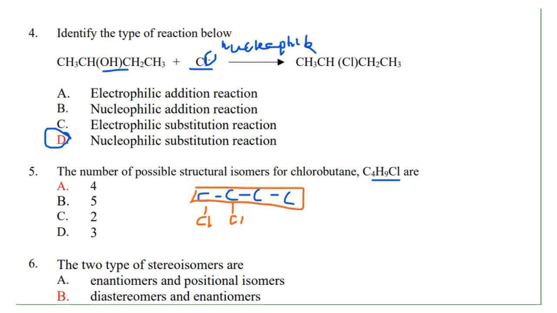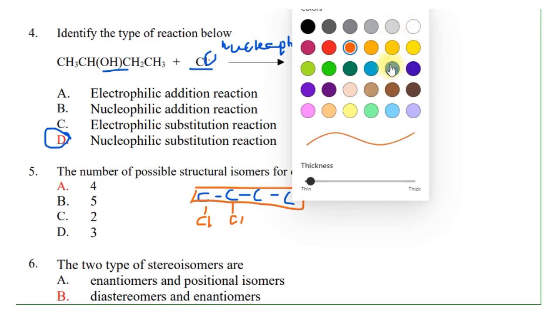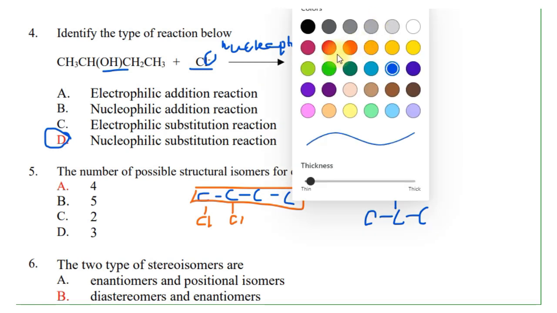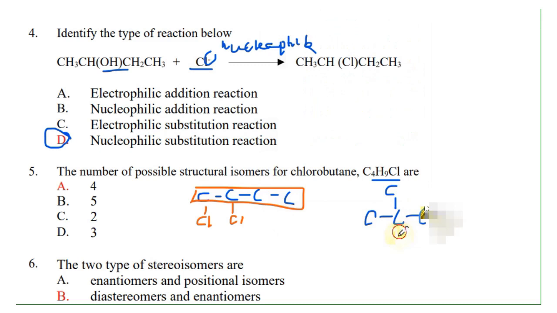If we change to propane with 1 branch, the chlorine can be here as a tertiary haloalkane or here. Always take note that the positions here, here, or here are actually the same. So there are 4 structural isomers for chlorobutane. So the answer is A.